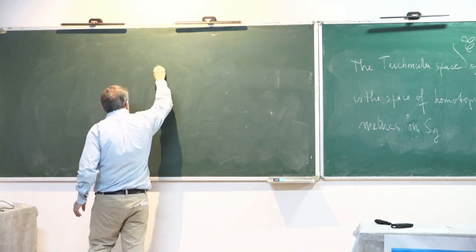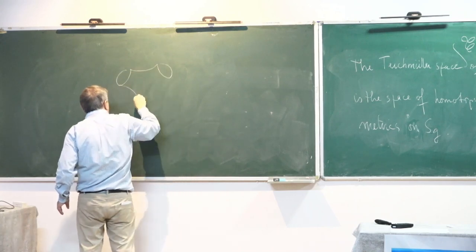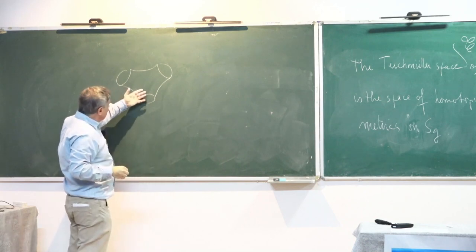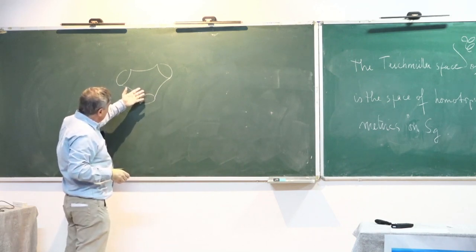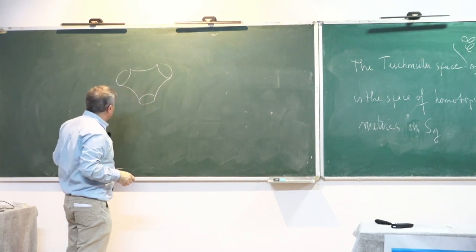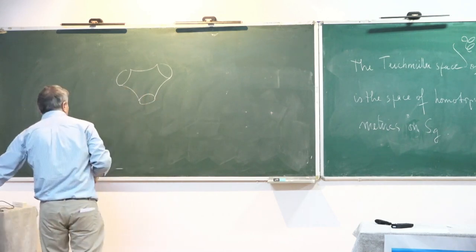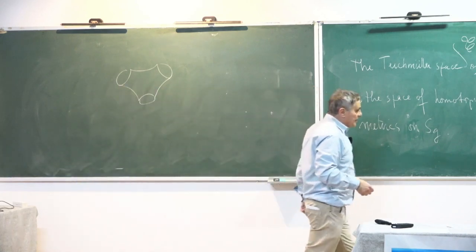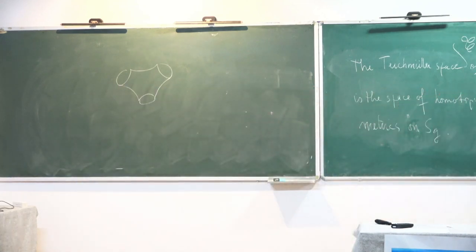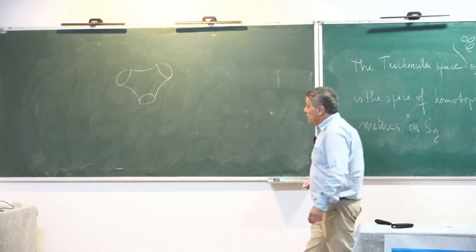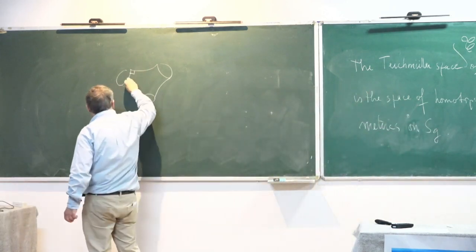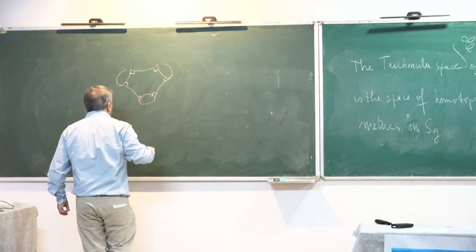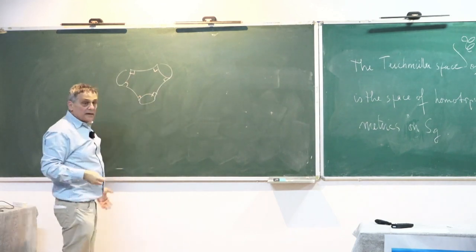And I showed you that, okay, for a given pair of pants, I can obtain it by gluing hyperbolic right-angled hexagons. We did this construction with right-angled hexagons. This is one right-angled hexagon, and then there's another right-angled hexagon from the other side.